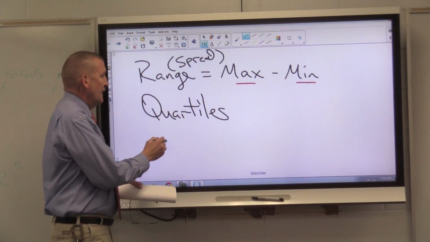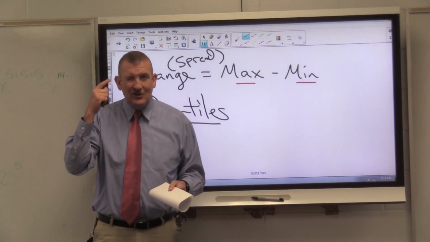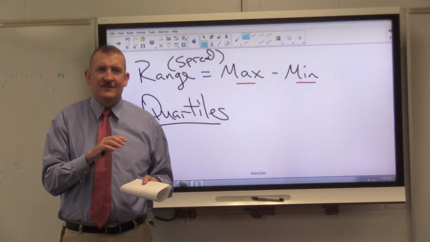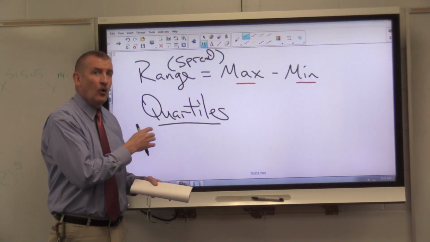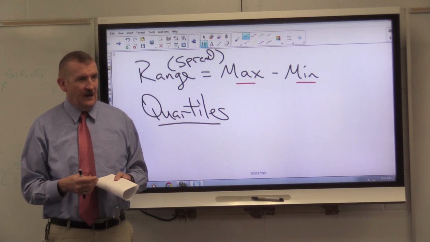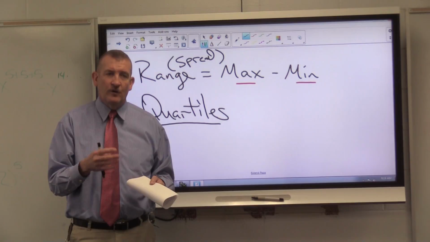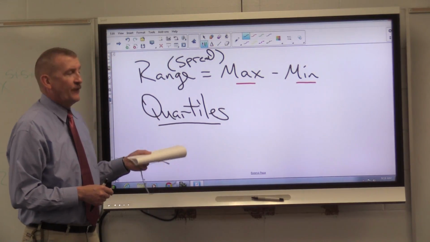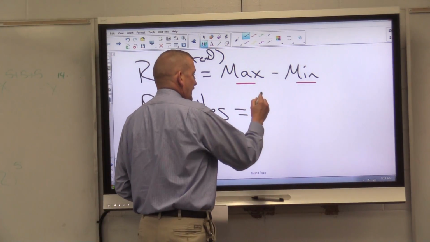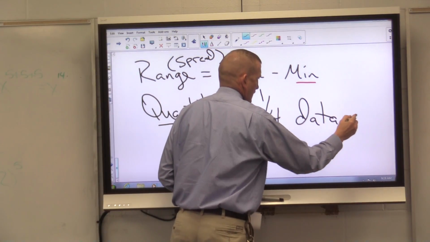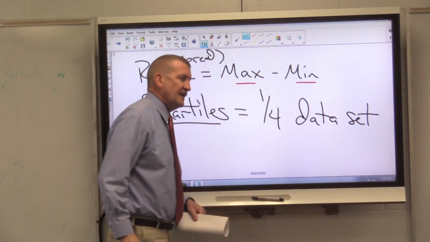Now, first off, the word quartile should clue you into what we're going to discuss, because quartile deals with a quarter. How many quarters make up a dollar? There are 4 quarters that make up a dollar. Therefore, a quartile is 1/4 of your data set.